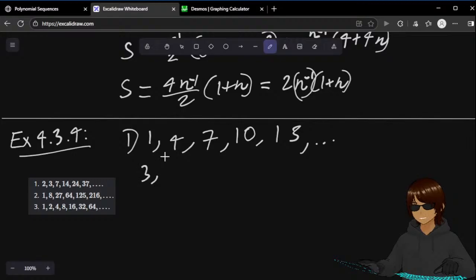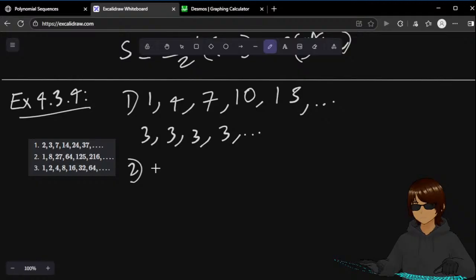4 minus 1 is 3. 7 minus 4 is 3. 10 minus 7 is 3. 13 minus 10 is 3. For the next one, 8 minus 1 is 7. 27, 64.